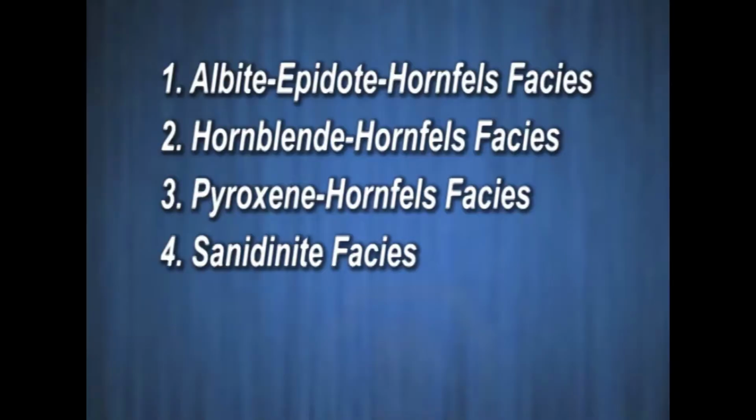The facies of low pressure are listed below in order of increasing temperature of metamorphism. First, the Albite-Epidote-Hornfels facies. Second, Hornblende-Hornfels facies. Third, pyroxene Hornfels facies.